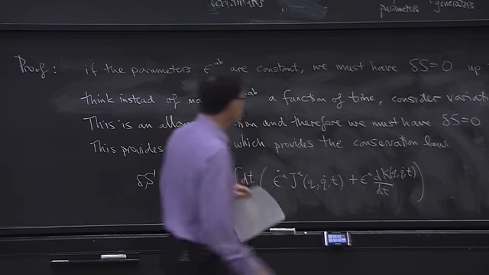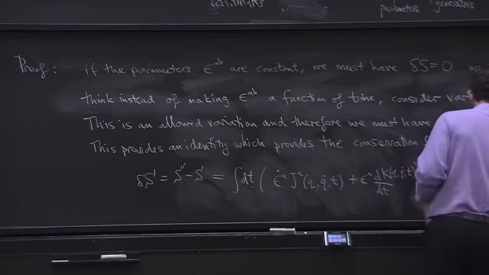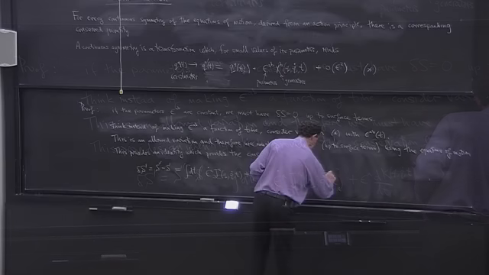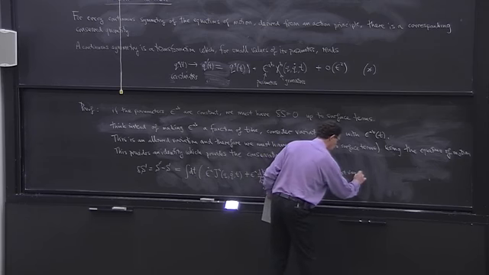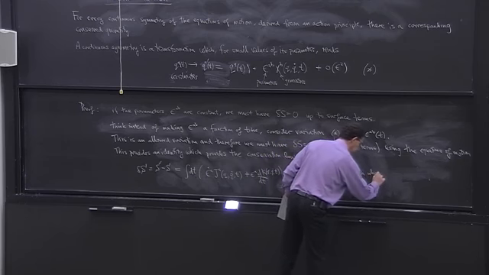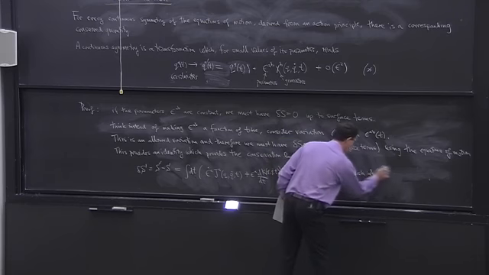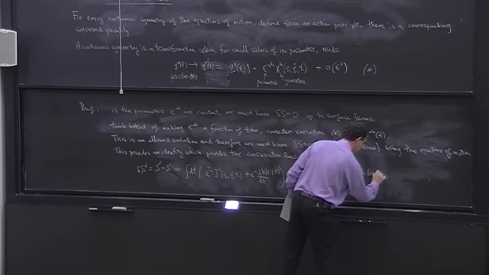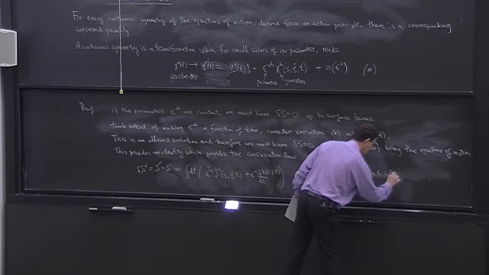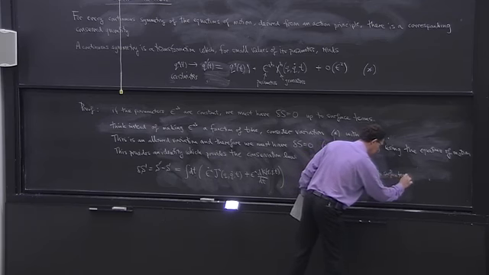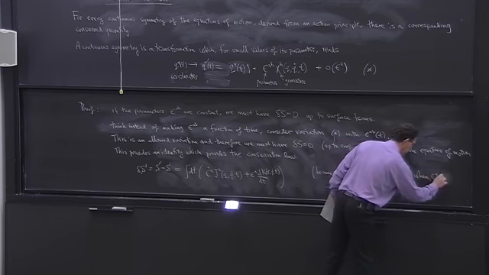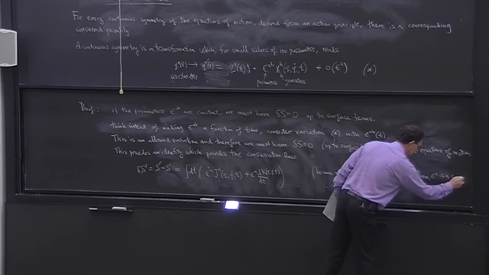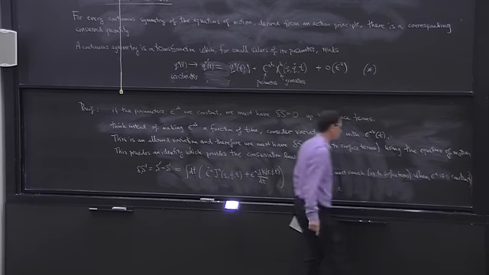Okay, so it has to be of this form because it must vanish, up to surface terms, when epsilon A is a constant, independent of time.